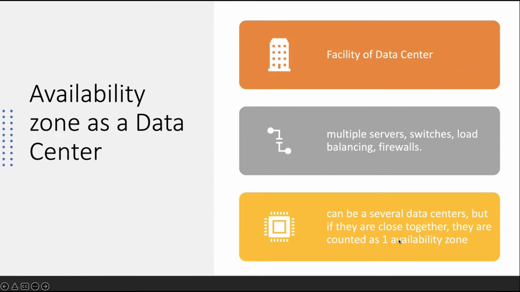For example, assume I'm talking about the availability zone Chennai. Data centers may be located across multiple different places in Chennai. All put together is one availability zone. So don't get confused. There's nothing for you to do here. You are just trying to understand how AWS has distributed its assets.